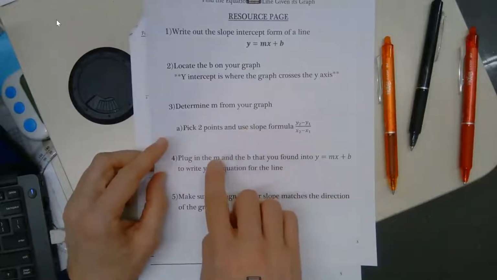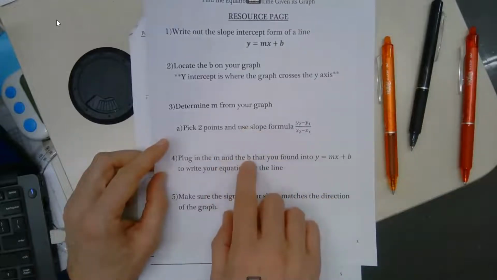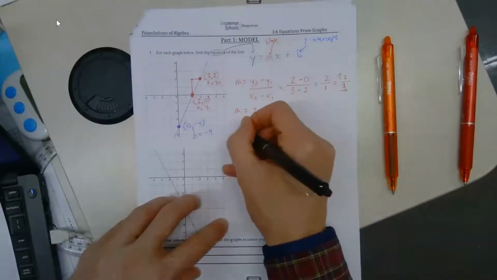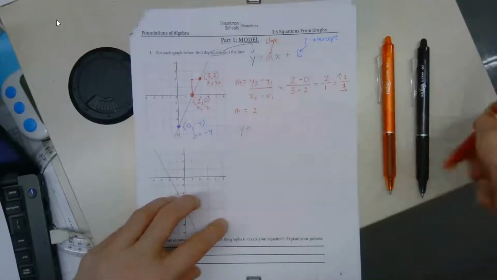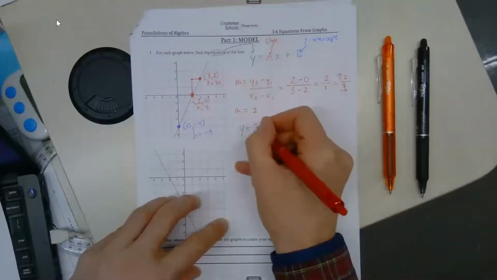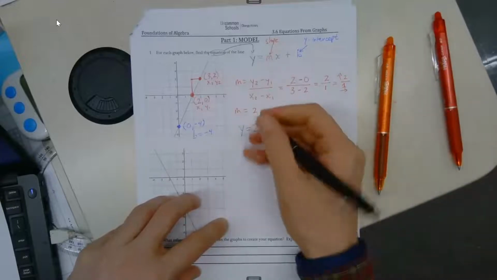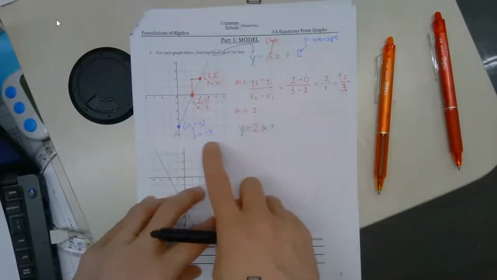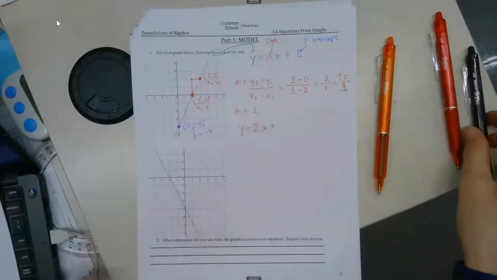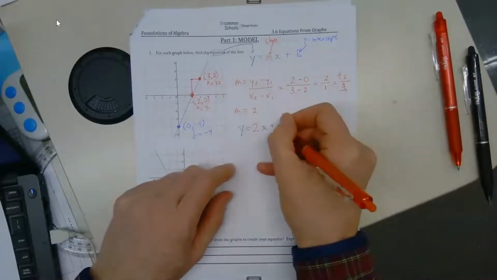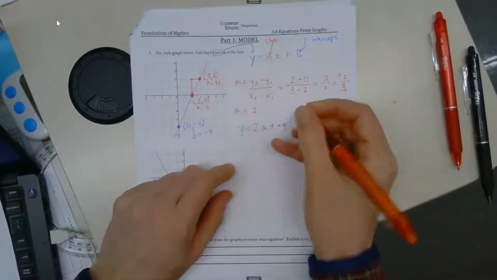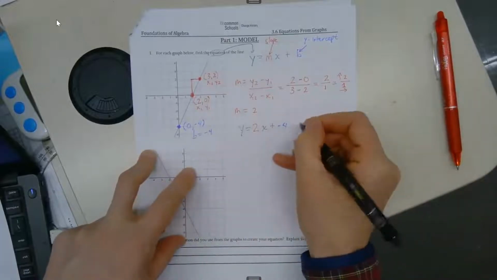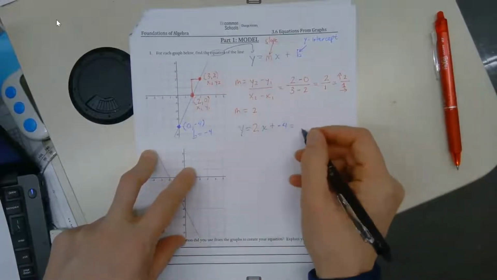Now it's time to plug in our slope and our y-intercept into y equals mx plus b. So y equals, our slope is 2, multiplied by x plus, our y-intercept is -4. So plus -4, then you should simplify that because plus negative is the same as minus.